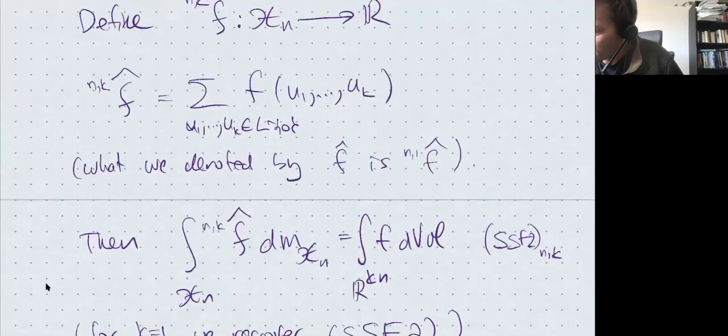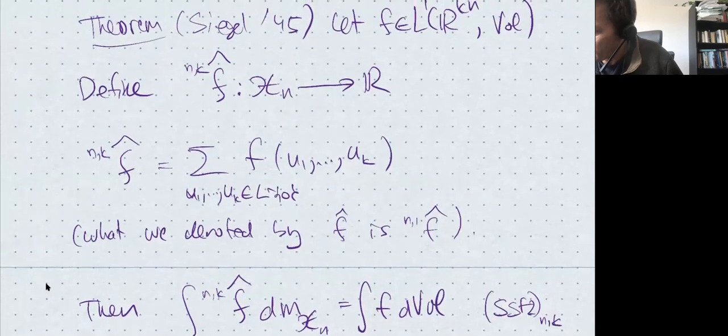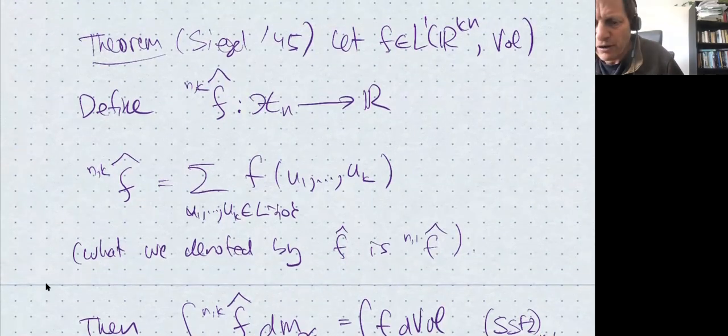Siegel's theorem. What's the lie? There was something about linear independence disappearing. So here we had a transform that did not involve linear independence. We just took all the k-tuples and summed them up.